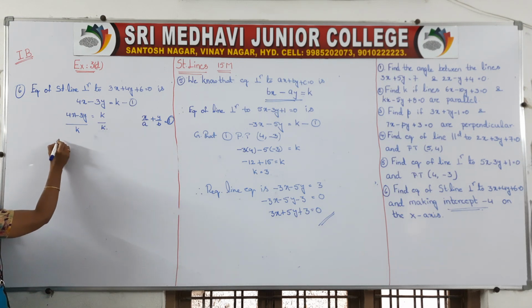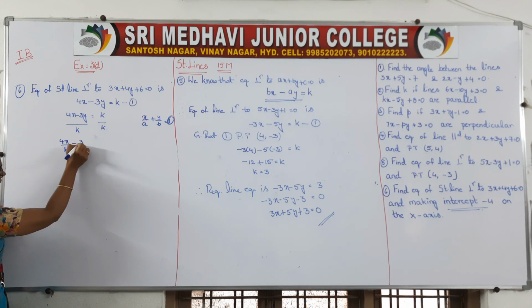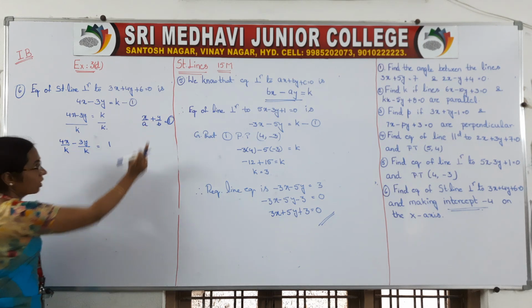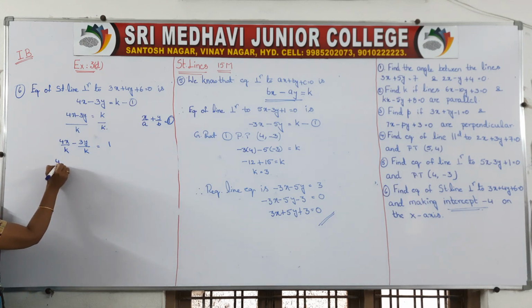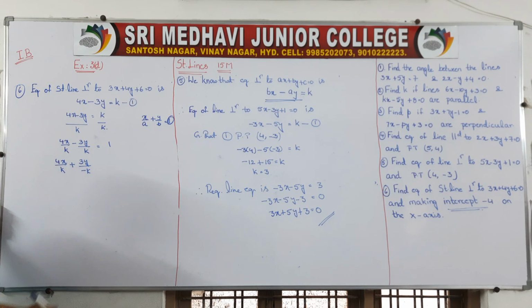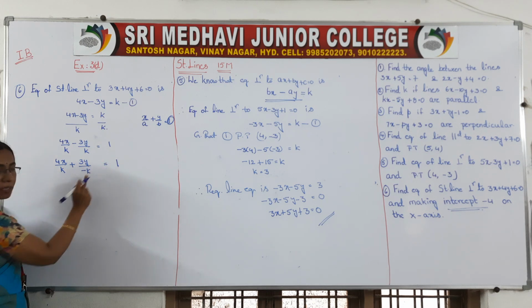Then write separately 4x by k minus 3y by k is equal to 1. But here a plus should be there, so we can write this as 4x by k plus 3y by minus k is equal to 1. It makes no difference.